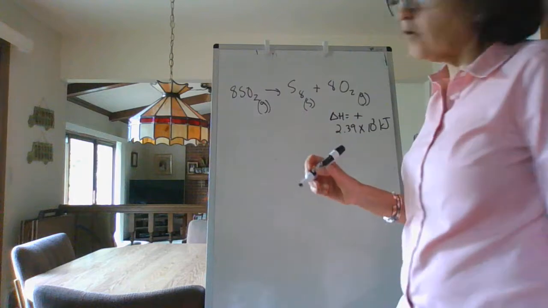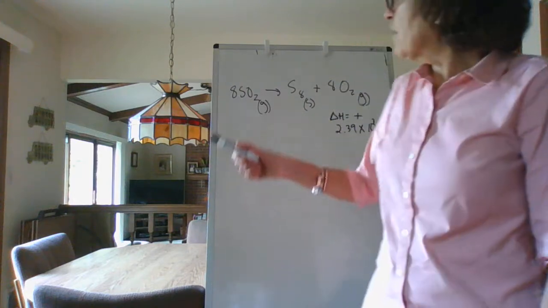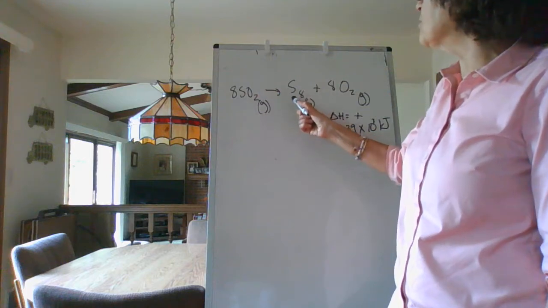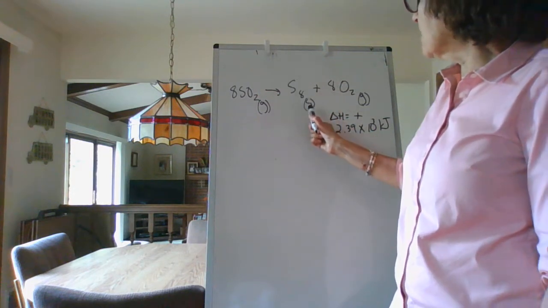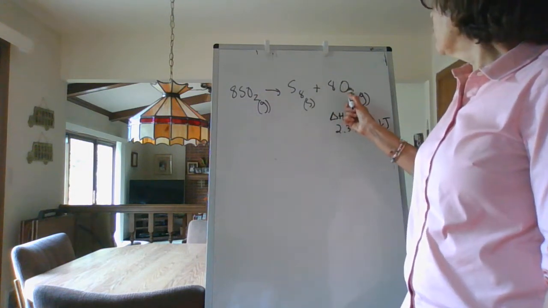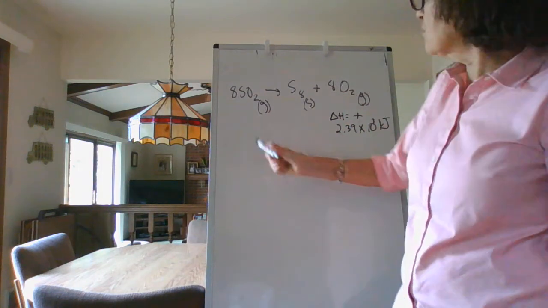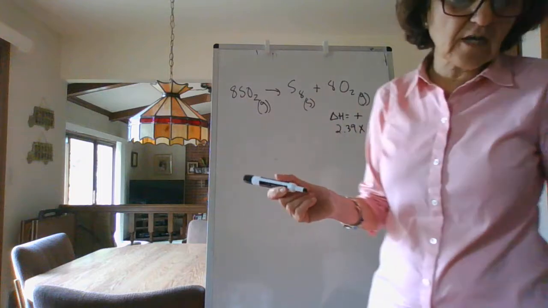So it's an endothermic reaction. So when 8 moles of sulfur dioxide gas decompose to produce 1 mole of S8 solid and 8 moles of oxygen gas, you need this much energy absorbed in order for this to happen.